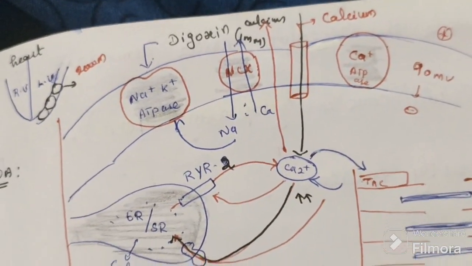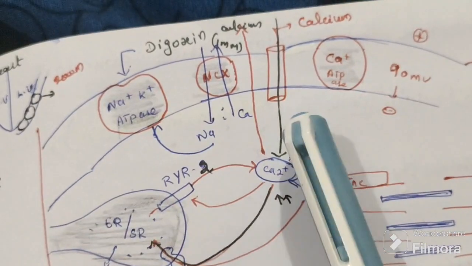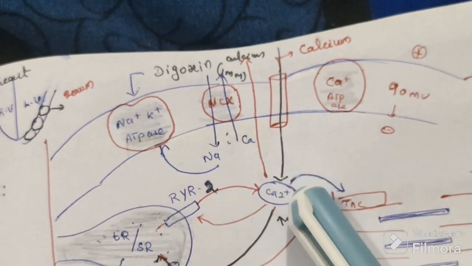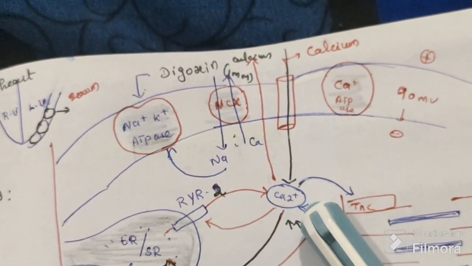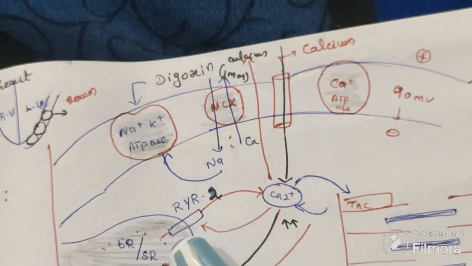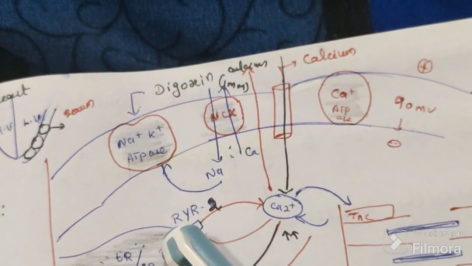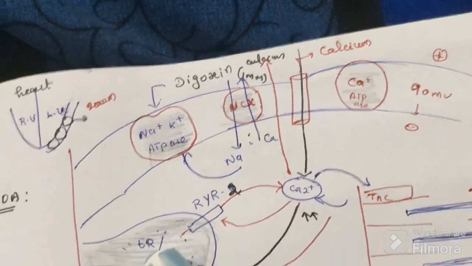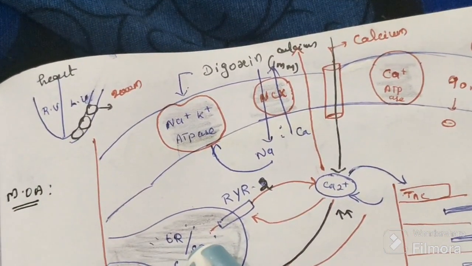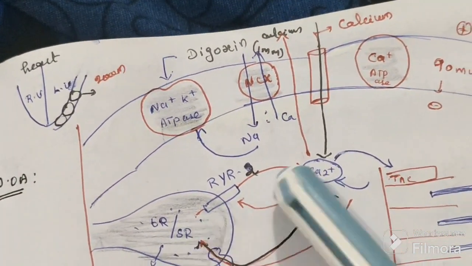Okay, so a little bit of calcium, 1%, comes inside, then this channel will be activated through this RYR2 channel. It will reach inside. Here 99% calcium is coming outside.